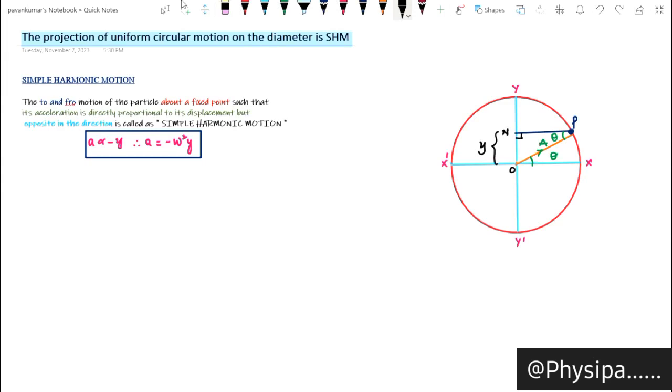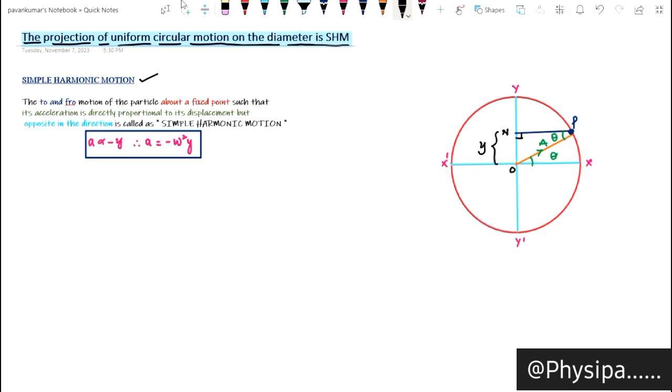In this video we will discuss how the projection of uniform circular motion on the diameter is SHM, that is simple harmonic motion. First of all, we have to know what simple harmonic motion is.